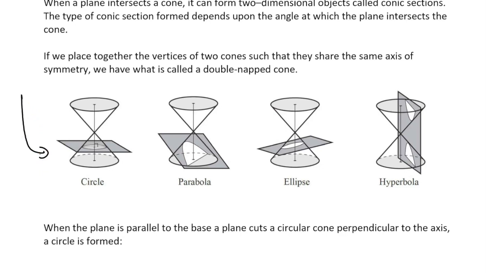When the plane cuts a circular cone perpendicular to the axis, you create a circle, and that's different from some of these other shapes that you're going to see right here. It may be strange to look at something from this sort of dimensional angle, but you can also envision what it would look like on your traditional X and Y axis.